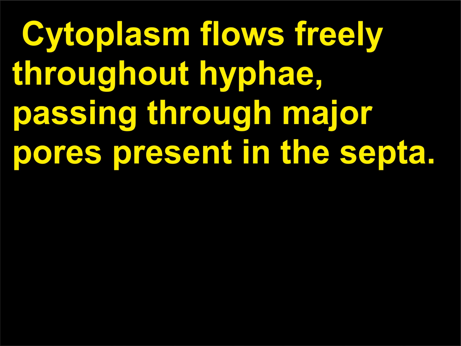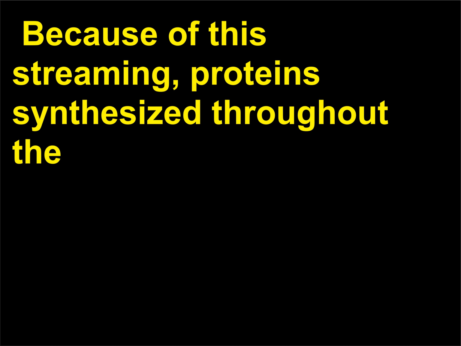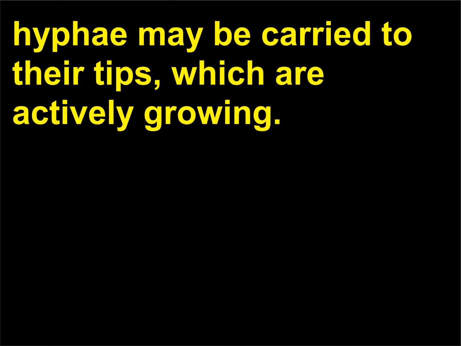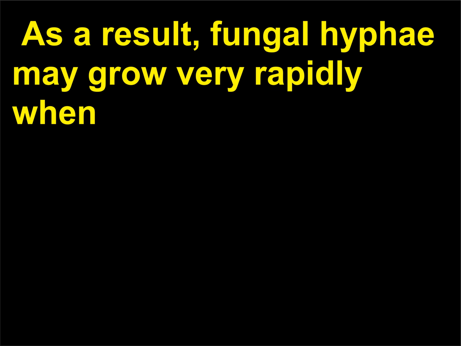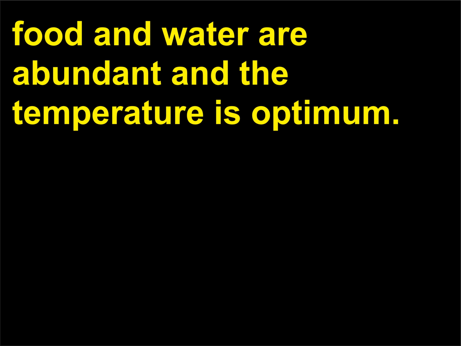Cytoplasm flows freely throughout hyphae, passing through major pores present in the septa. Because of this streaming, proteins synthesized throughout the hyphae may be carried to their tips, which are actively growing. As a result, fungal hyphae may grow very rapidly when food and water are abundant and the temperature is optimum.